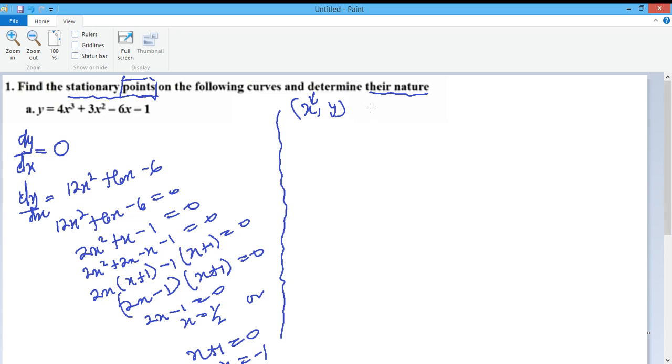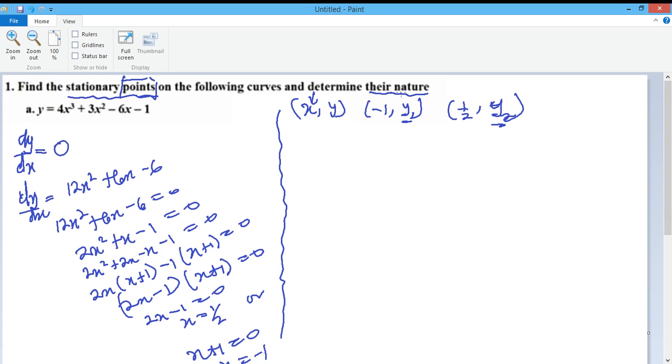So I have one point to be (negative 1, y1), I don't know the y value, and the other is (half, y2). We are going to determine y1 and y2 to represent the stationary points on this curve. We can determine the nature at this stage, or calculate our values and determine the nature later. But let's determine the nature.